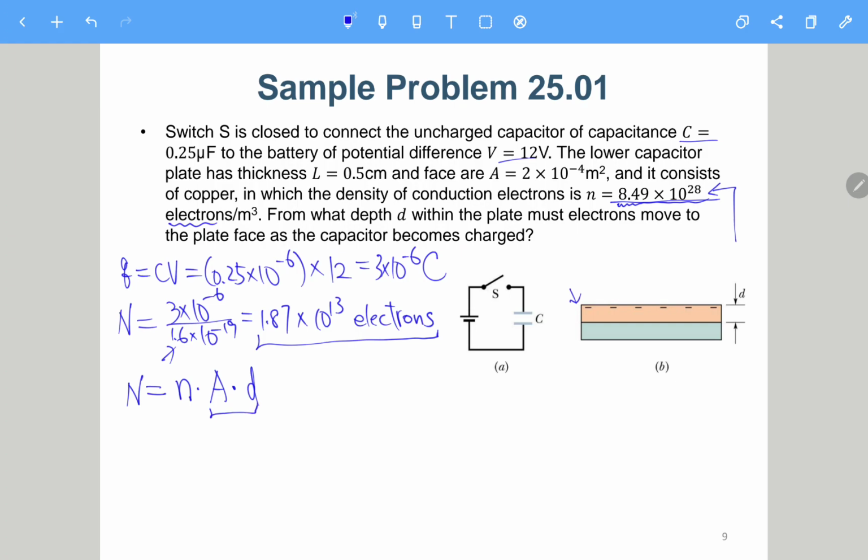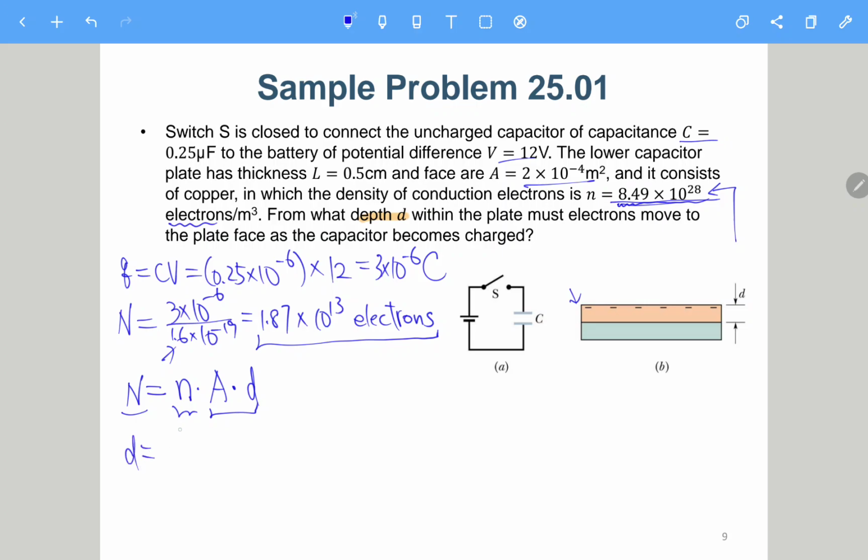This is the volume times the volume charge density, which gives the number of electrons. Here we would like to calculate d. All the other values we already know: we know N, we know A, and we know n. So finally we calculate d.